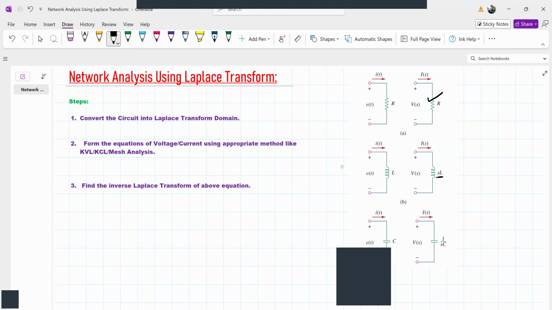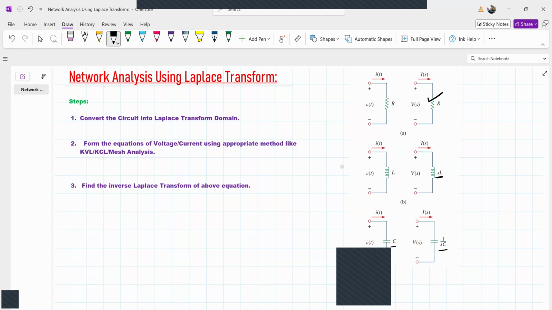In other words, we replace the inductor by simply LS in the Laplace transform domain if the initial current stored in the inductor is 0. So if the initial condition of the inductor is 0, then we simply replace the inductor by LS or SL. Similarly, a capacitor in the Laplace transform domain is replaced by 1/SC if the initial voltage stored in the capacitor is 0.